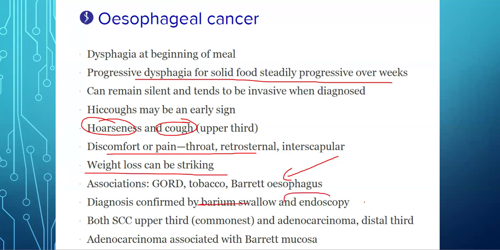Endoscopy, not barium swallow. Endoscopy is the main diagnosis. Previously, squamous cell cancer was the commonest, but nowadays adenocarcinoma is the commonest esophageal cancer. So that has changed. Okay.